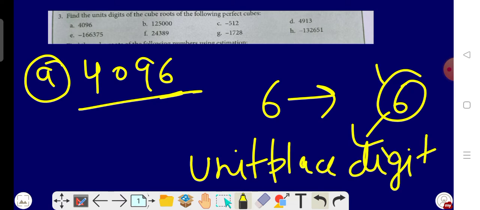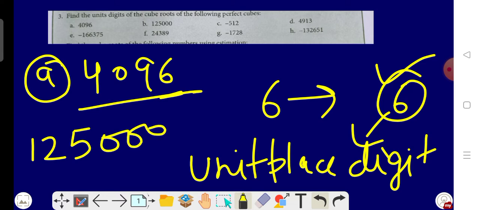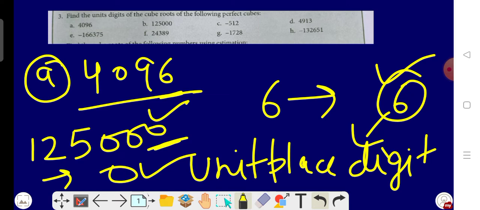Okay, so the answer is 6. In the B part, what do we have? We have 125,000. The unit place here is 0. This implies that the unit place in the cube root of this number is also 0. So the answer of B part is 0.